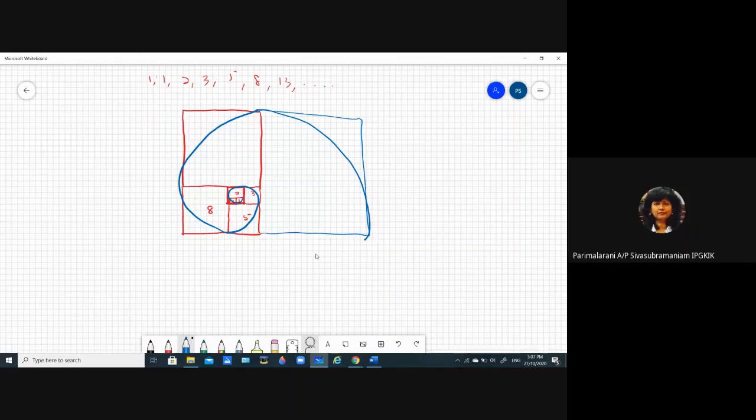So we can keep on adding the squares, draw bigger and bigger, and draw the spiral. In other words, we can represent these Fibonacci numbers this way, in a Fibonacci square and Fibonacci spiral. So this you can practice later. This is one of your tutorial questions.